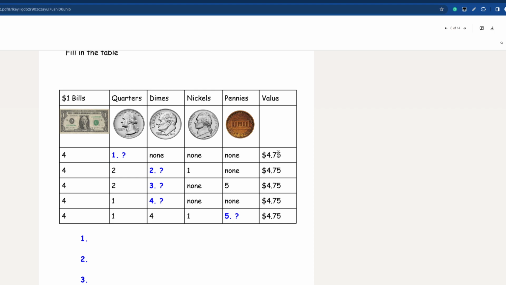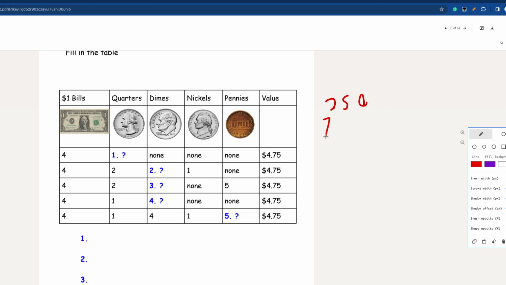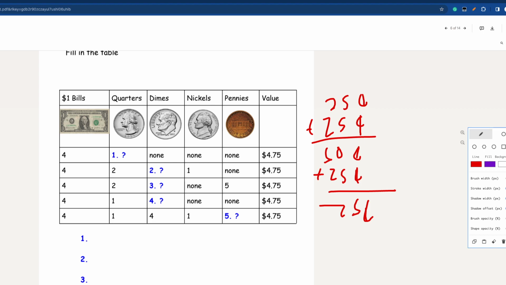How do we get to 75 cents? We're going to get quarters. So we take a quarter, which is 25. If we add another quarter, it'll be 50 cents. And if we add another quarter, it'll be 75 cents, which is what we need. It took 3 quarters. So number one would be 3 quarters.